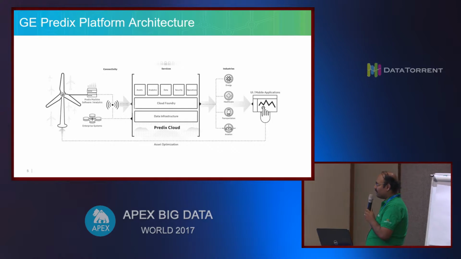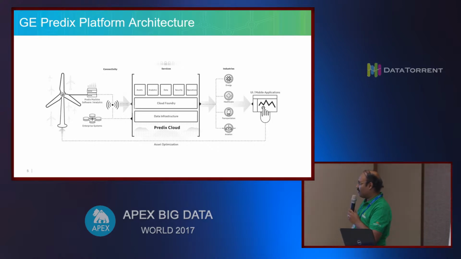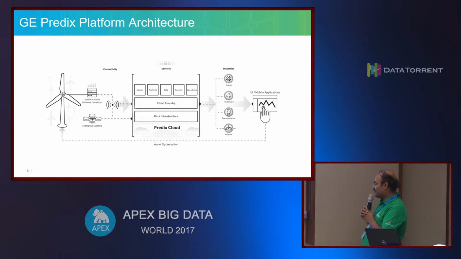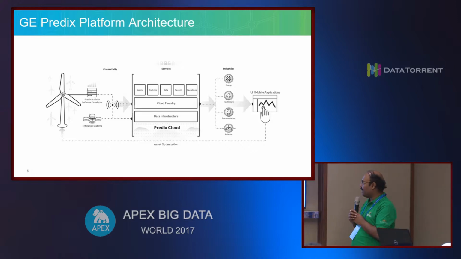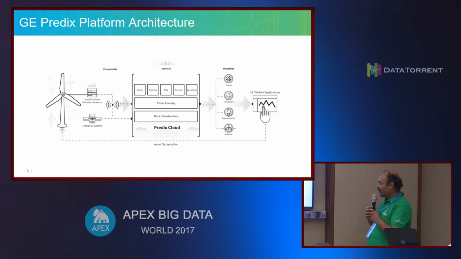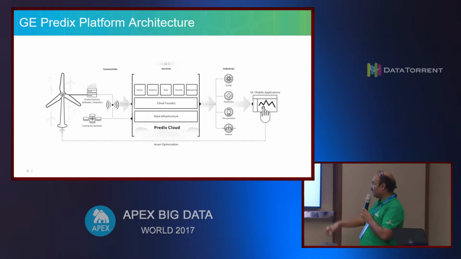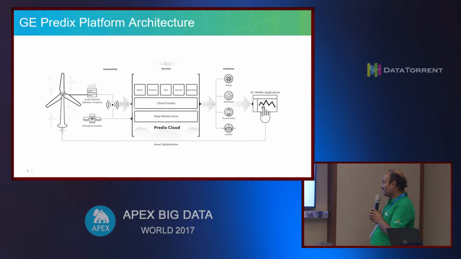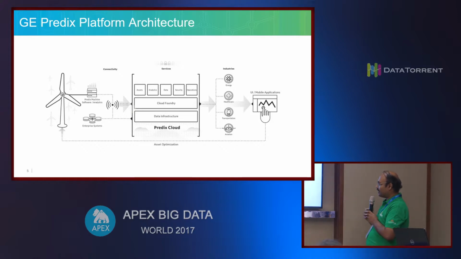So here's the Predix architecture. On the client devices, there is what they call a Predix machine that's installed. The Predix machine collects the data from the sensors and then sends it over to the cloud. On the cloud side, they have the Predix deployment, and to build their services they have a microservices architecture.